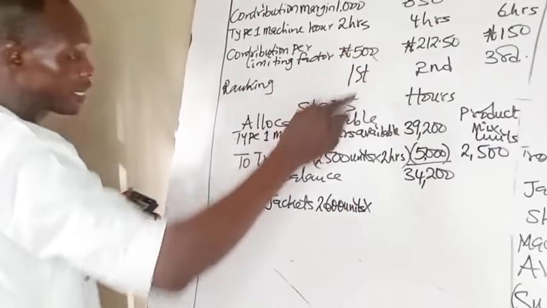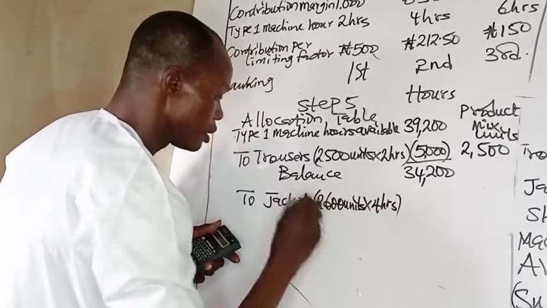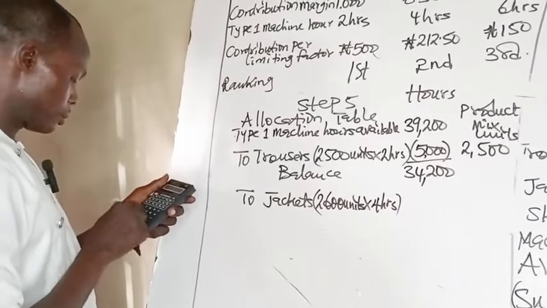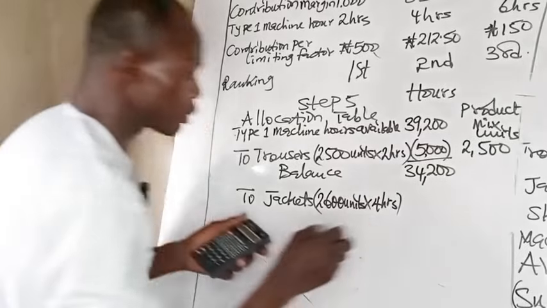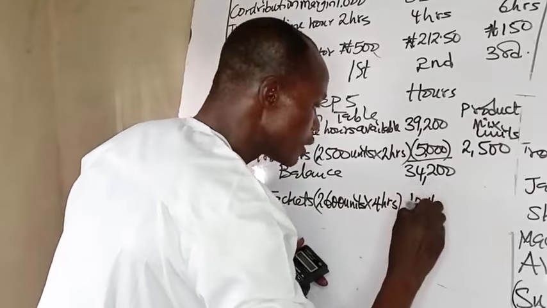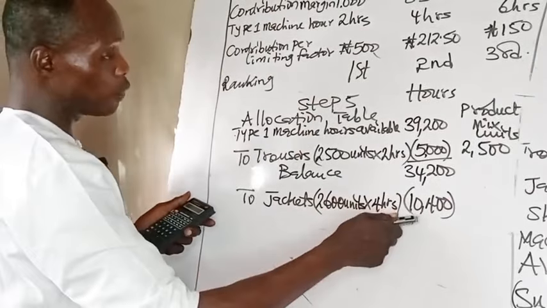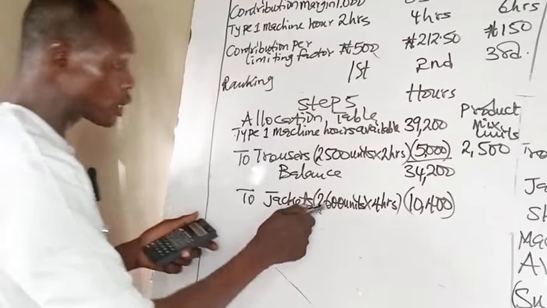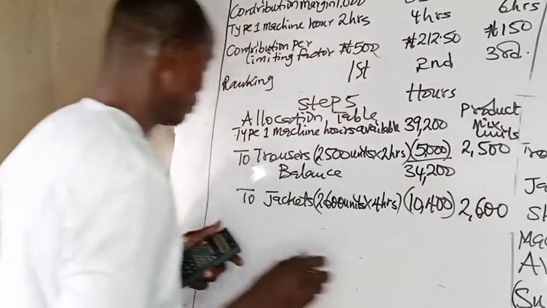So 2,600 times 4 gives us 10,400 hours. You still have sufficient hours to produce jackets. That means you will still be able to produce 2,600 units of jackets.